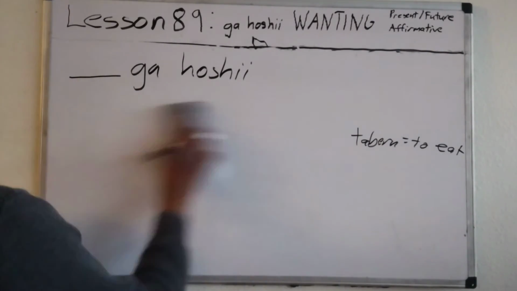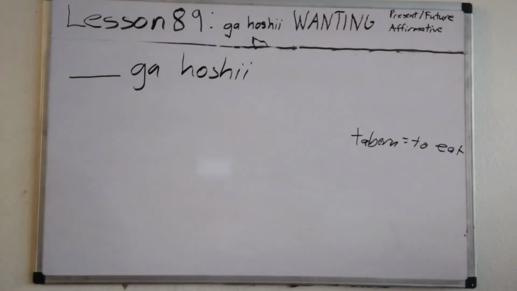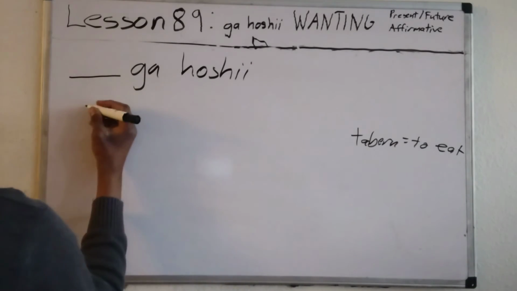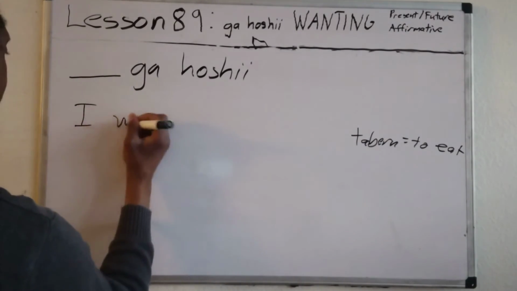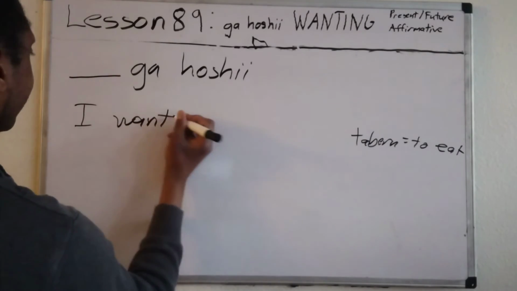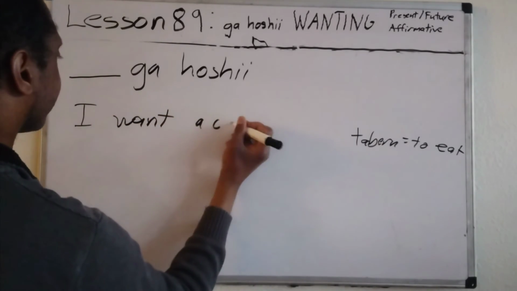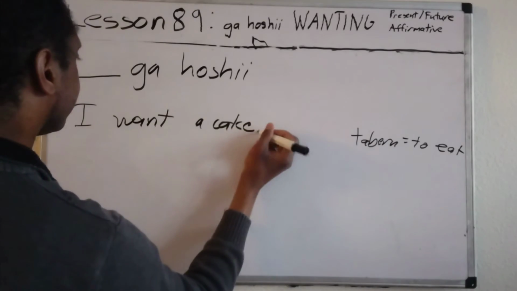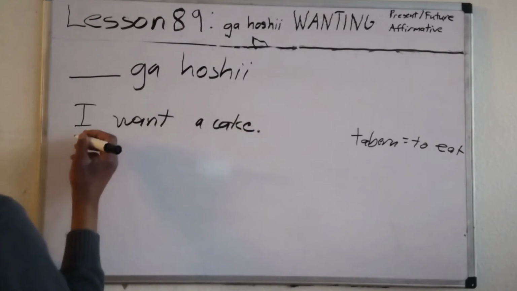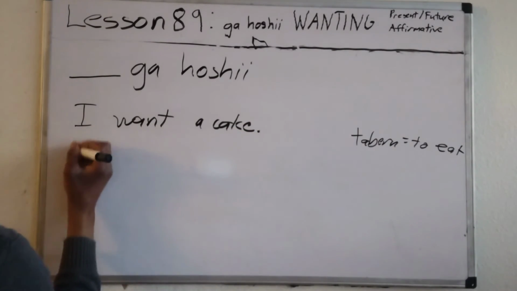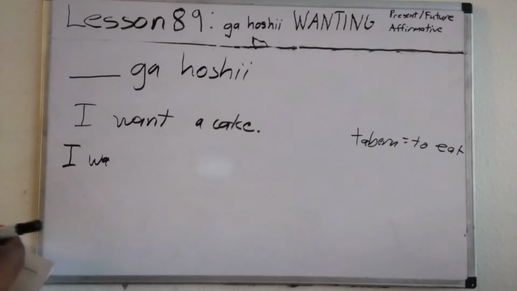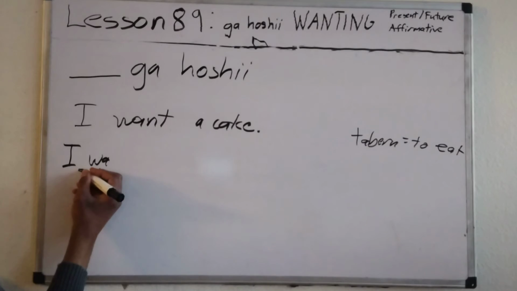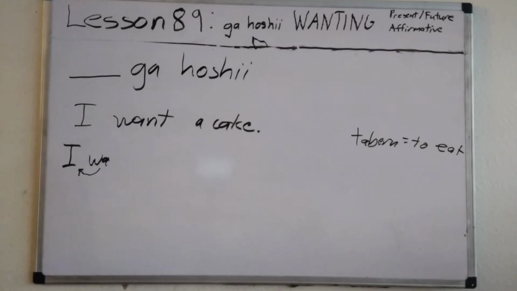So, anyways, what does that have to do with what we're doing, wanting something? Well, let's say I want to say, I want a cake. Okay? So I would basically say, I wa, because we both know me. I'm talking to you, you know me, most likely.